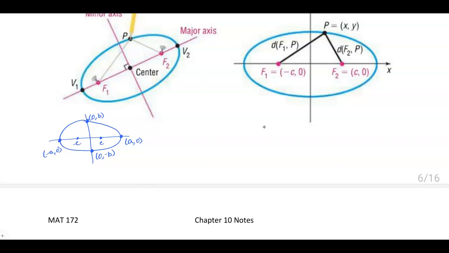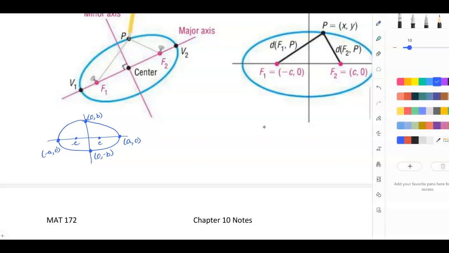Now, we could create a triangle here. So let's draw a triangle right here. Okay, notice that guy's a right triangle. So I'm going to pull it out. So the distance from here to here is c. The distance from here to here is b.